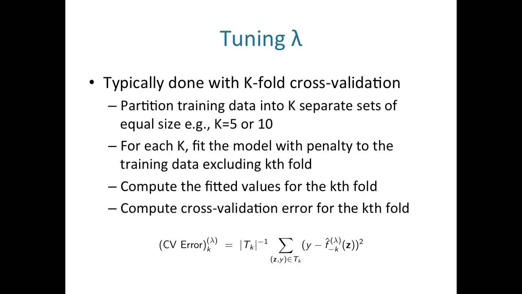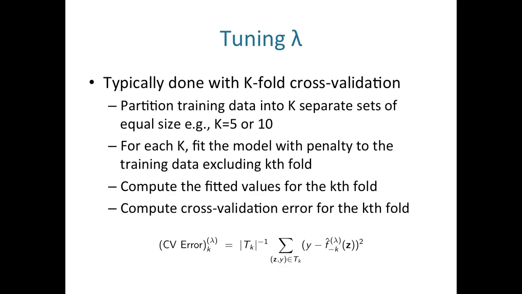The way this is done is typically through a k-fold cross-validation. What this means is you take the training data and you divide it into k different folds, k different subsets. Then you fit the model with k minus 1 subsets, and you compute the cross-validation error with the last fold that you have.